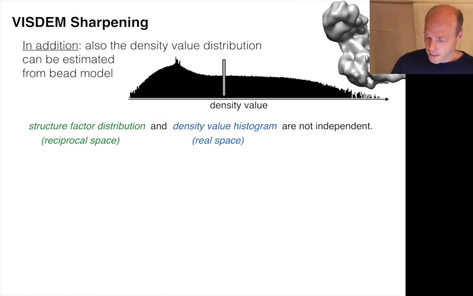So we have an estimate for the structure factor distribution, that's reciprocal space information, and we have an idea of the density value histogram, that's real space information. And we want to apply basically both of these restraints to our density map, because that's information that we have, but those are not independent, so we cannot directly apply both of these restraints at the same time.